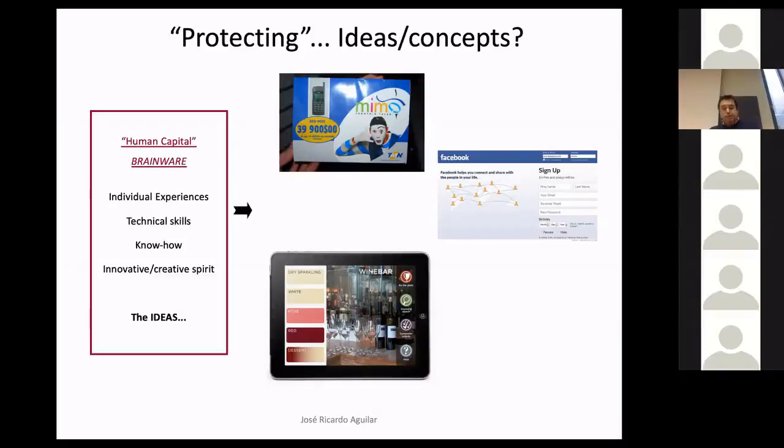We have trademarks, of course, and trademarks are, of course, one of the most critical assets, for instance, for a social network, but for a service based on the internet, on the web. With regard to the app, we have also a way of protecting its layout, but not the generic concept.